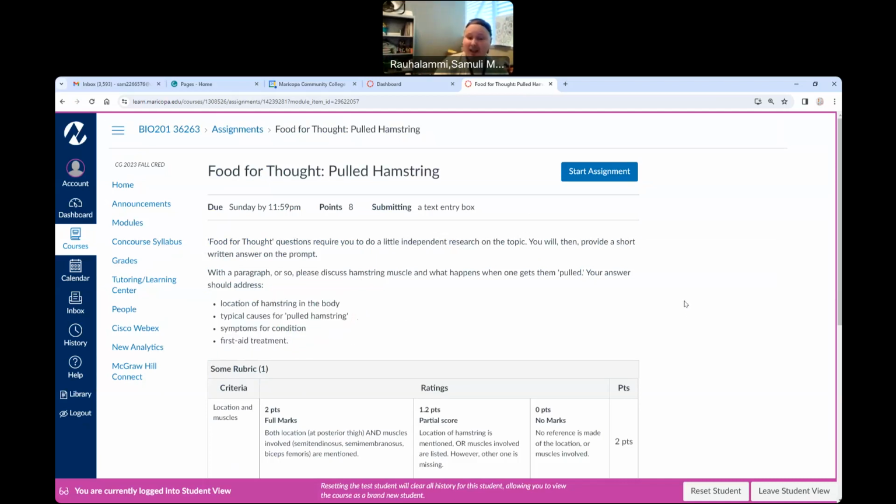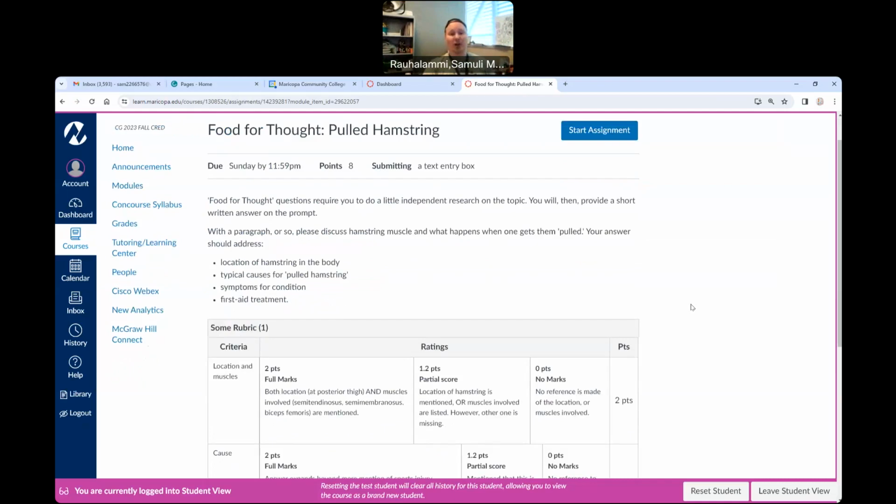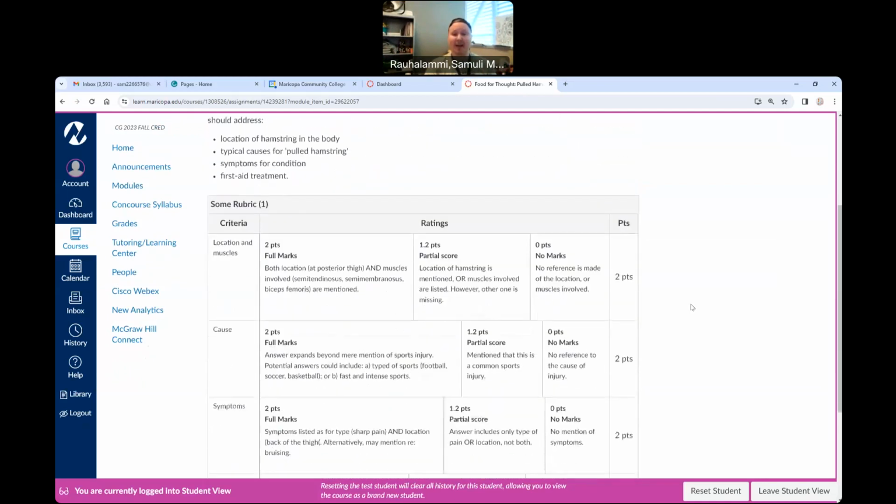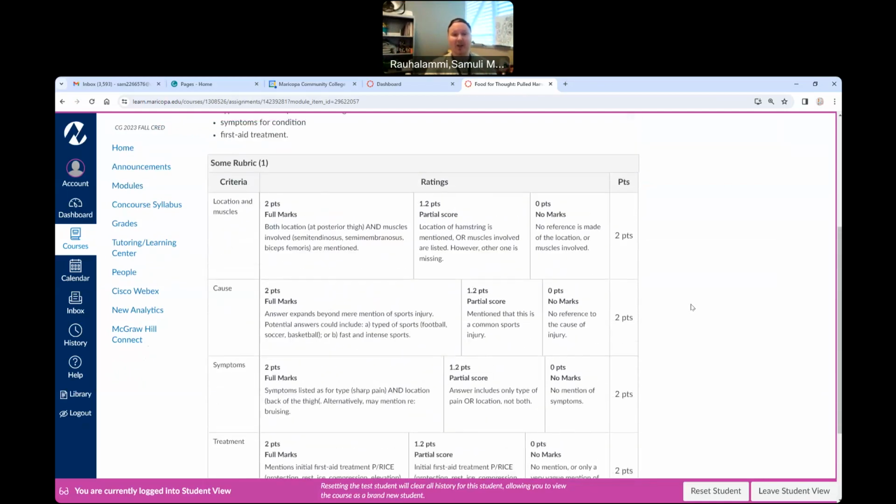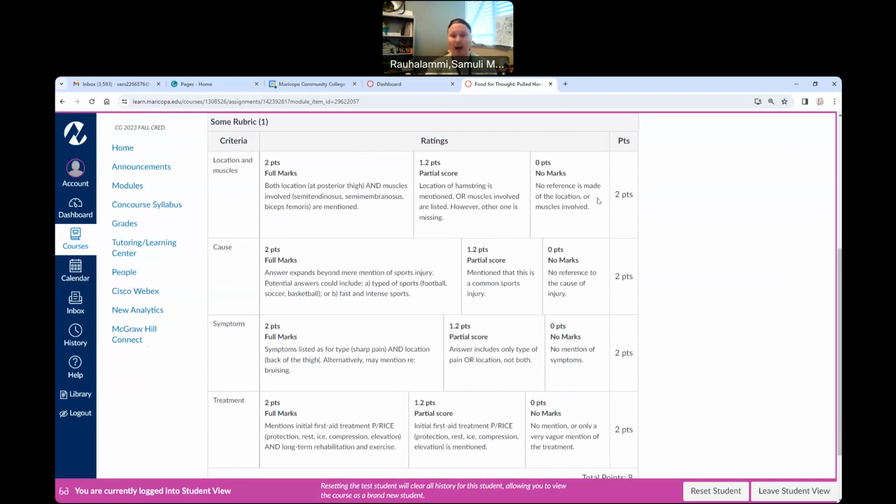But I also think it's useful for you to see exactly how I'm grading your assignments. And how I'm grading these short answer assignments is by using a rubric. So you can literally see what I am looking for, what level of detail for each of the things. Obviously, life is not quite as clear cut.